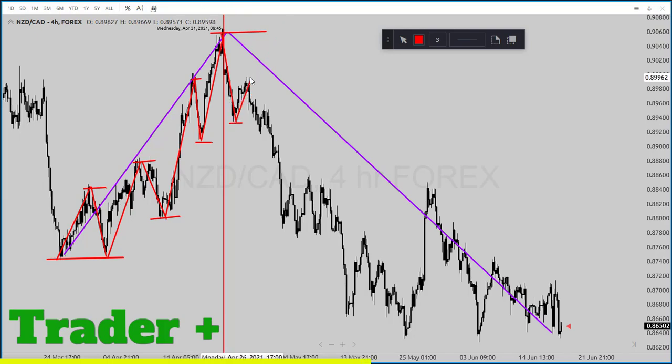At this point it starts getting interesting, where the market rejects at this level and pushes down. Now we've transitioned from making higher highs and higher lows to lower lows and lower highs: lower low, lower high. We have a push down here, lower low again, and you can see the same pattern happens.